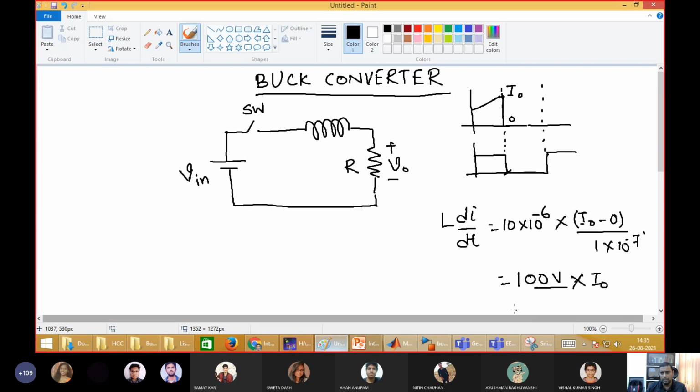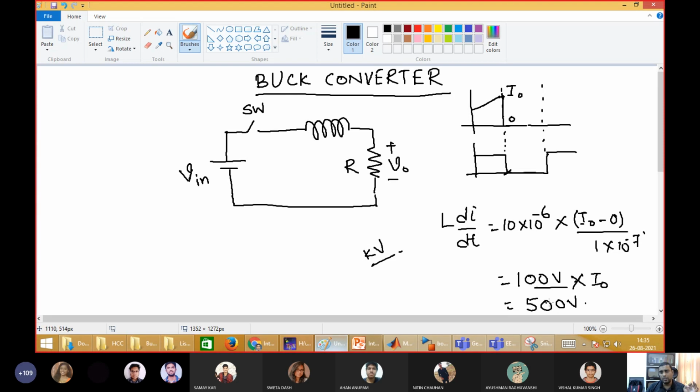If I0 is 5 ampere, then it is 500 volt. Similarly, there will be a voltage spike of kilovolt level. If you try to break the inductor current, it will come on the order of kilovolts or more, depending upon the circuit conditions and values.